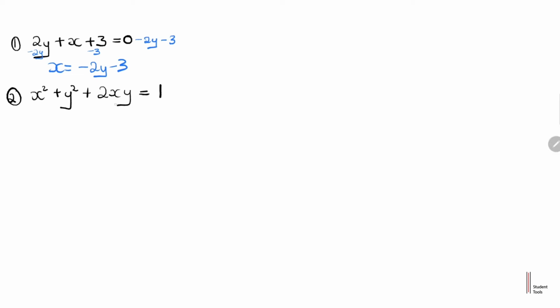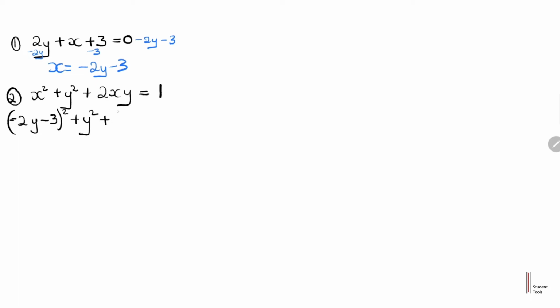Alright, now let us start. We have x squared. So instead of x squared, we will have this minus 2y minus 3 and have it squared. So minus 2y minus 3, it is squared. And then we bring the plus y squared down plus 2xy.